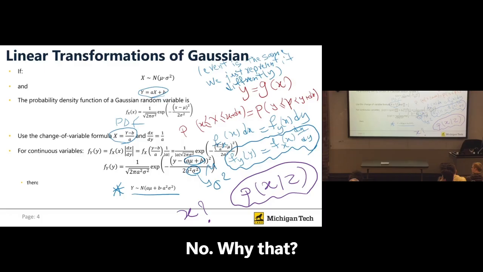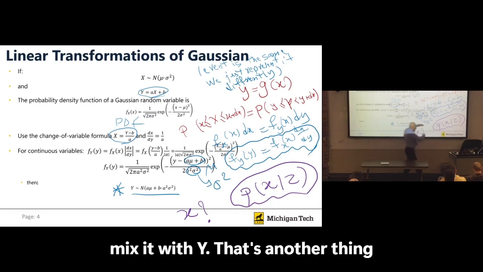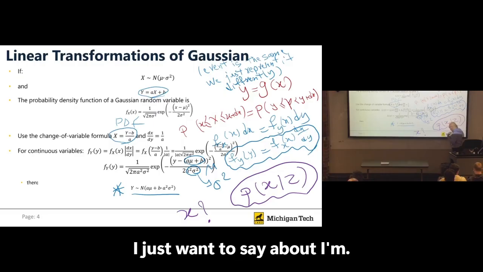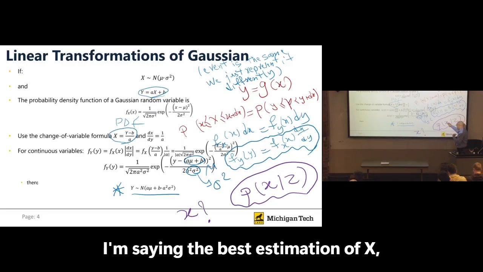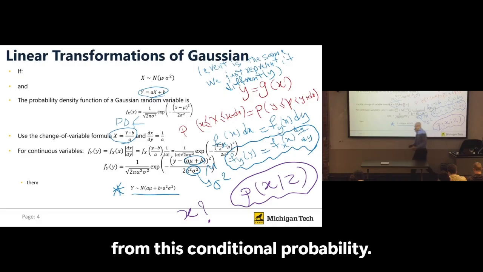No. Why that? Oh, no. Don't mix it with y. That's another thing. I'm saying the best estimation of x, whatever z is, coming from this conditional probability.